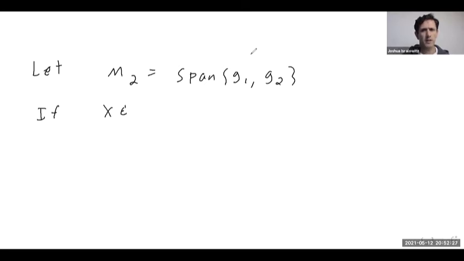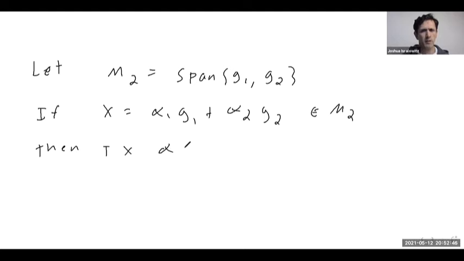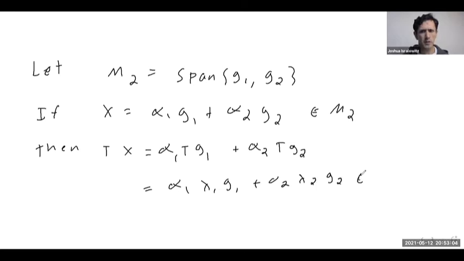So if X is in the span, X is alpha 1 G1 plus alpha 2 G2, just repeating what we had before. Tx is alpha 1 Tg1 plus alpha 2 Tg2, and this is just alpha 1 lambda 1 G1 plus alpha 2 lambda 2 G2.